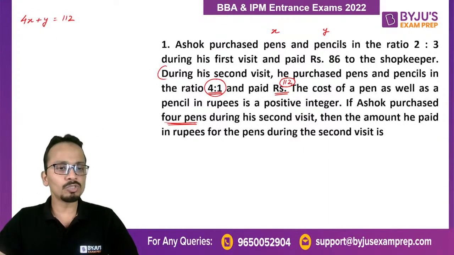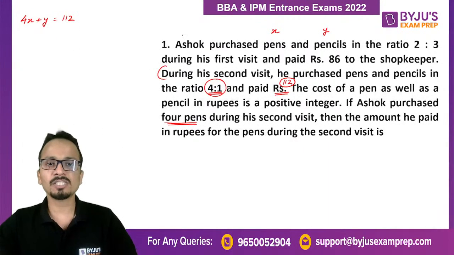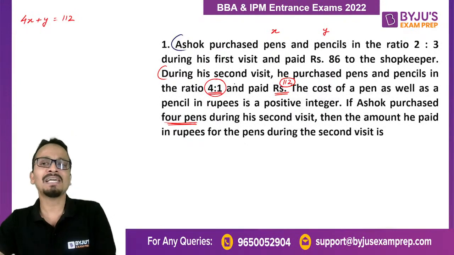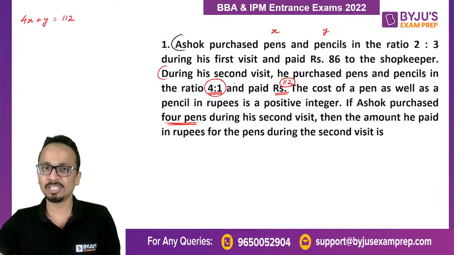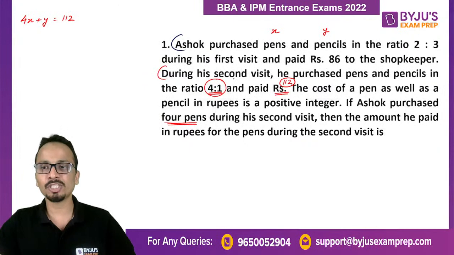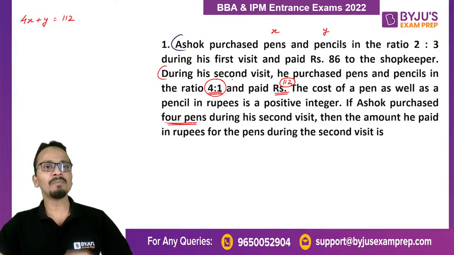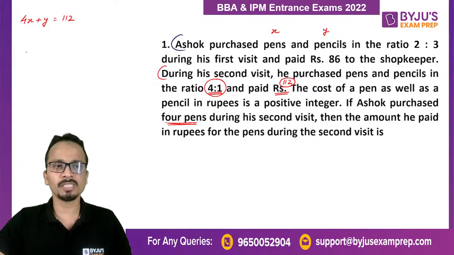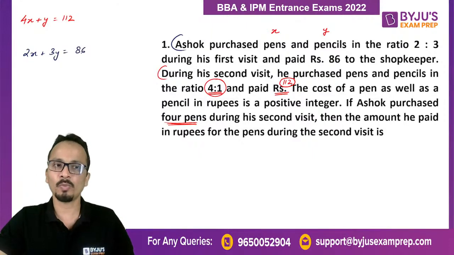Now talking about the first statement, where Ashok purchased pens and pencils in the ratio 2:3. Obviously, the number of pens and the number of pencils will be integers. So, since the number of pens and pencils is in the ratio 2:3, there can be one possibility that Ashok may purchase 2 pens and 3 pencils. So, I will have this equation.